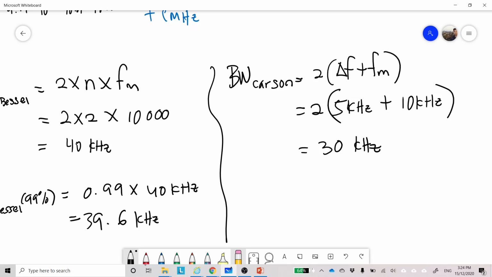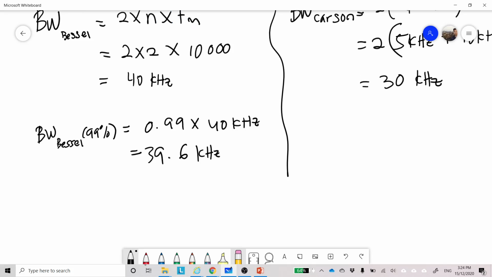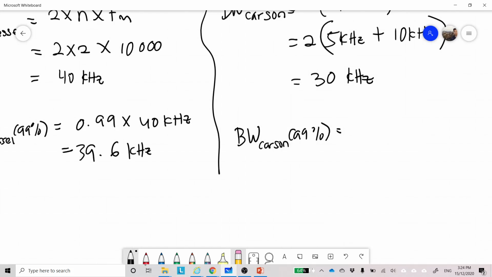Okay, and then bandwidth 99% by Carson. So bandwidth Carson 99% is equal to 0.99 multiplied with 30k.